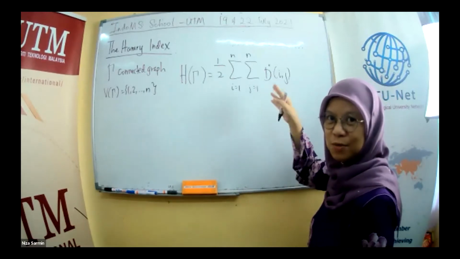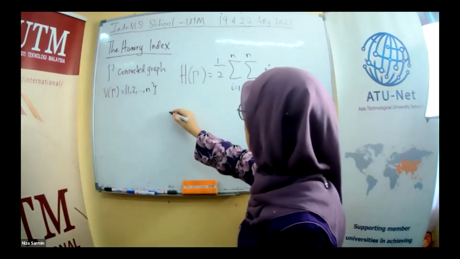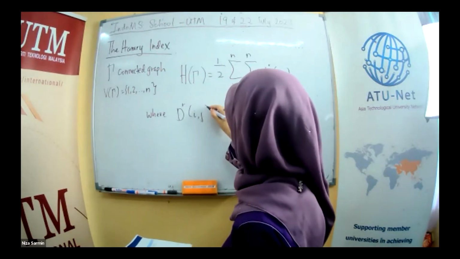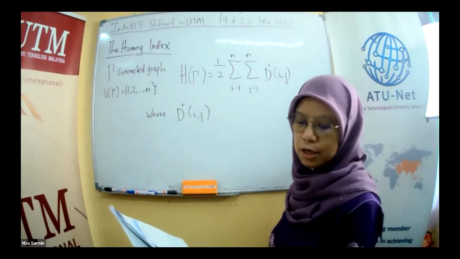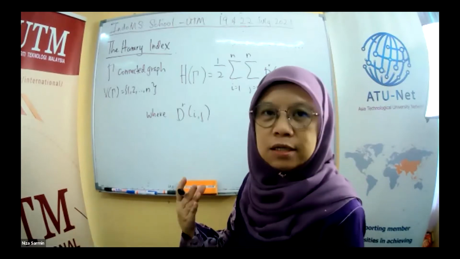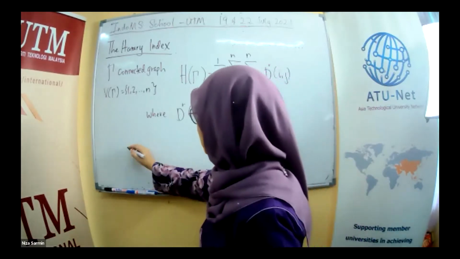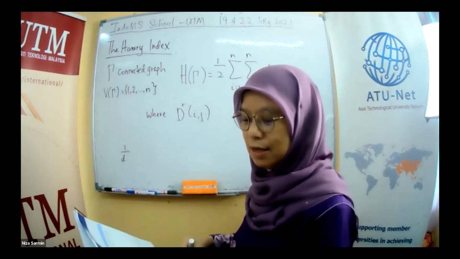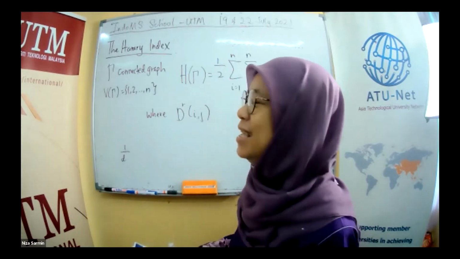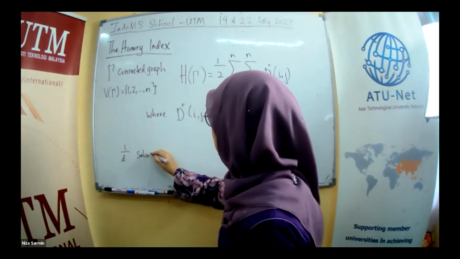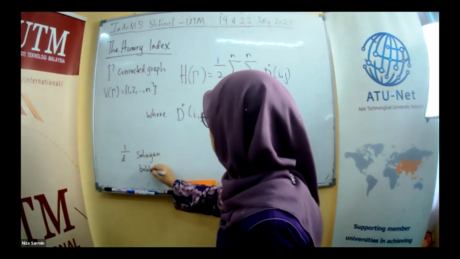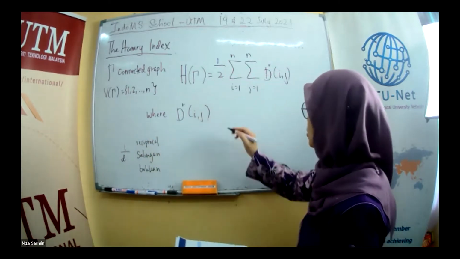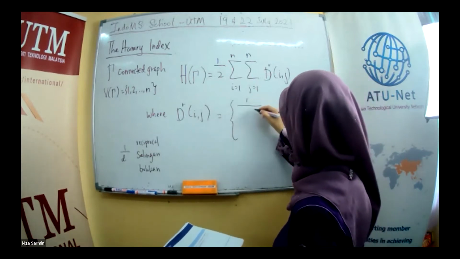This is not just the distance between the two; there is the R, right? R_ij is actually the reciprocal. In Malay, we call it salingan, balikan: 1 over the distance.